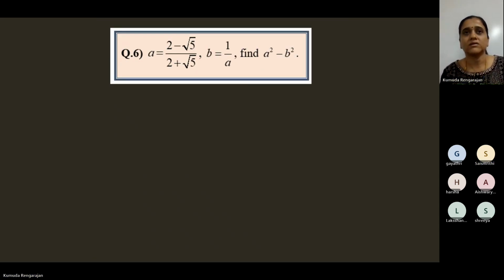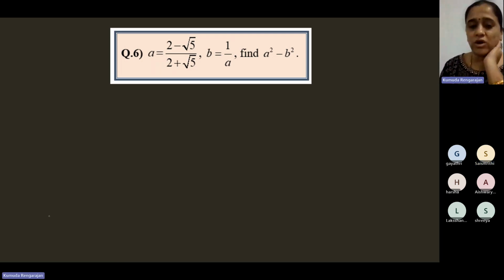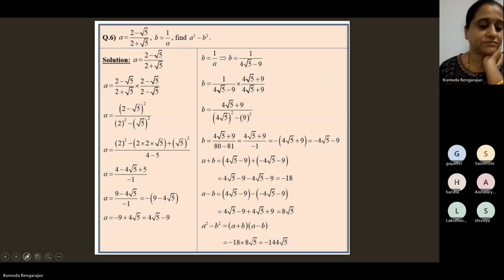Yes, sir. I cleared it. Can you just tell me where? Instead of 1, we have written 4 root 5 minus 9. Instead of 1, I wrote? 4 root 5 minus 9. Okay, I'm not able to recall. Anyways, you have it here.